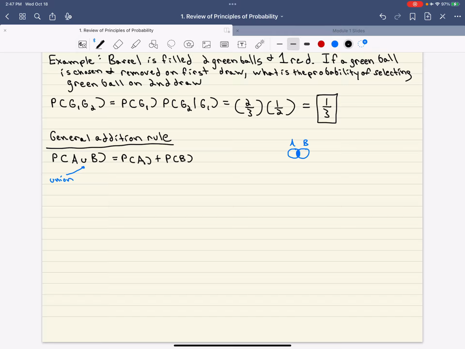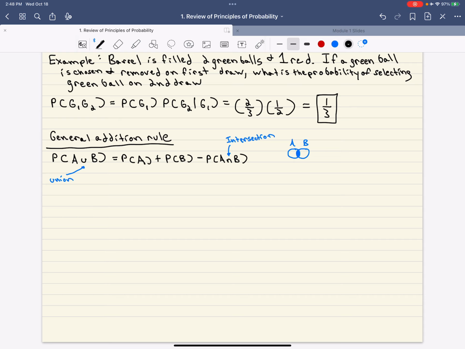So to do that, for our general addition rule, we would subtract off the case where both A and B occur, where this little upside down U represents the intersection of the two events. Okay? Alright, so that's the general addition rule.